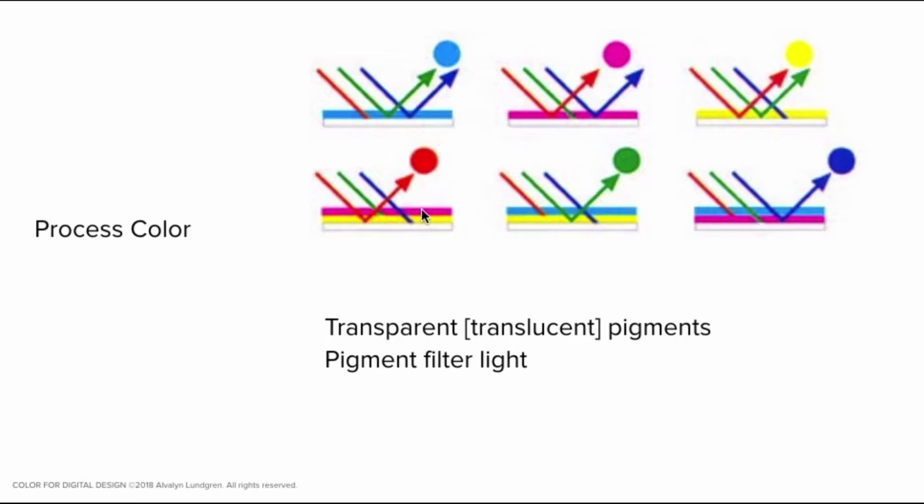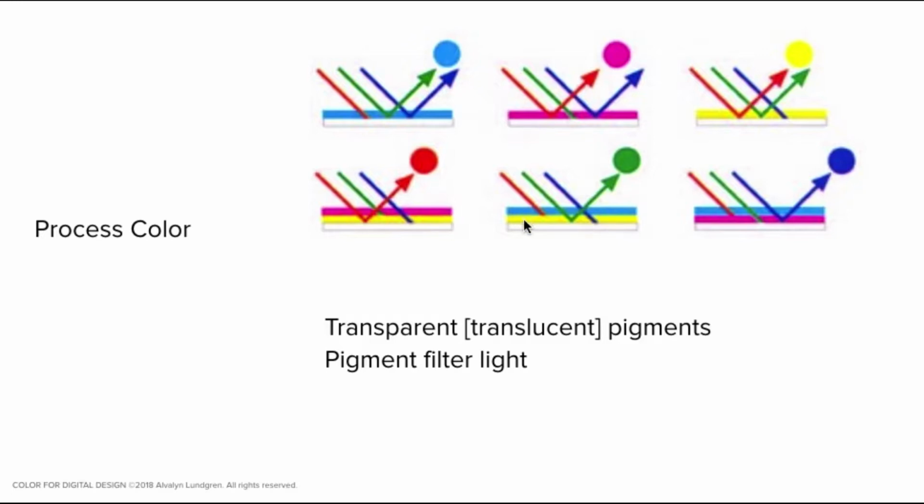Where the pigments overlap, here in the case of magenta and the yellow, the magenta will absorb the green, the yellow will absorb the blue. The only thing that comes back to our eye is the red. So we will be seeing this as the fusion of the magenta and the yellow. If we have a lot more yellow, it's going to appear more orange.